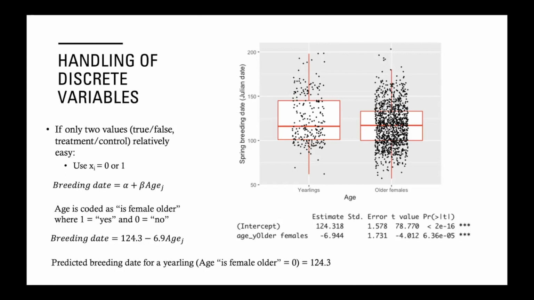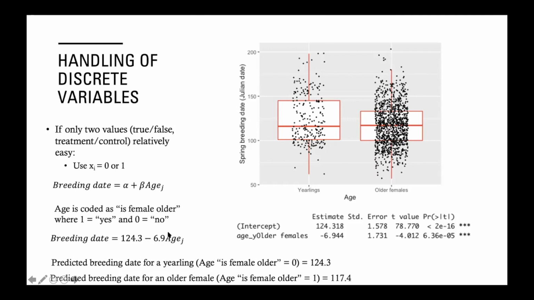So in the case of predicting the breeding date for a yearling female, the answer to the question of is the female older is no. So in this case, we insert a 0 in place of this age categorization, and this term drops out, and our predicted breeding date for yearlings then is 124.3.